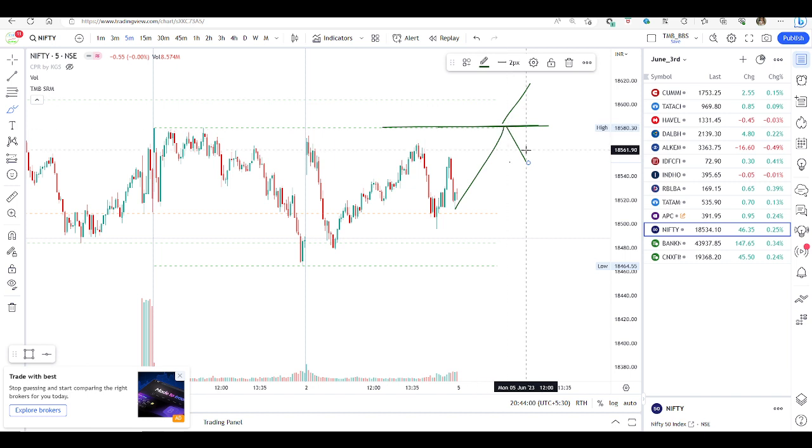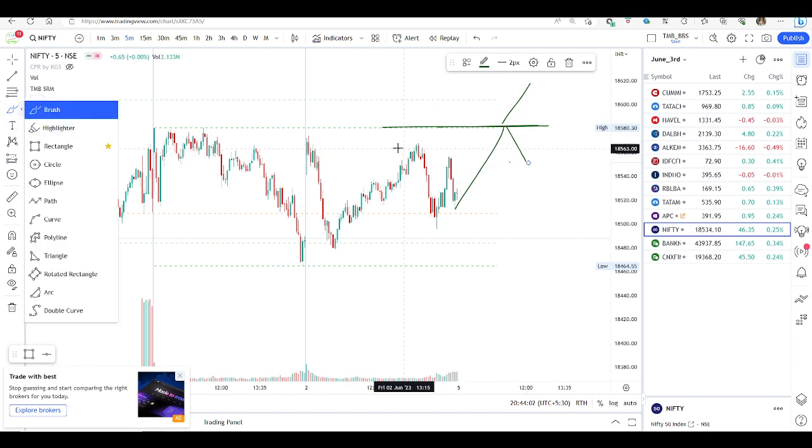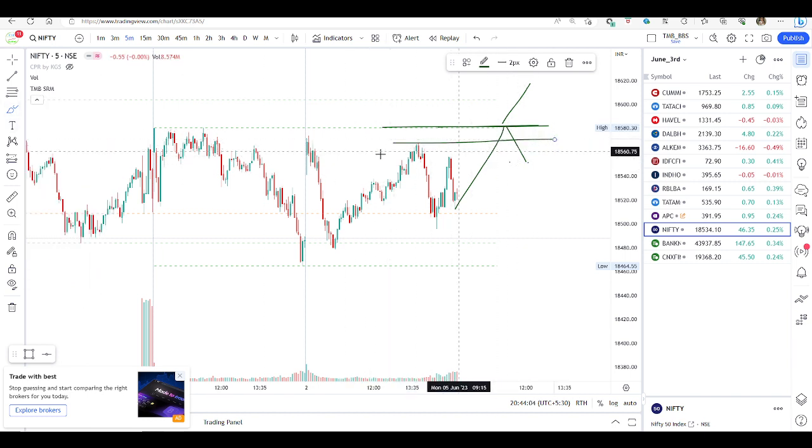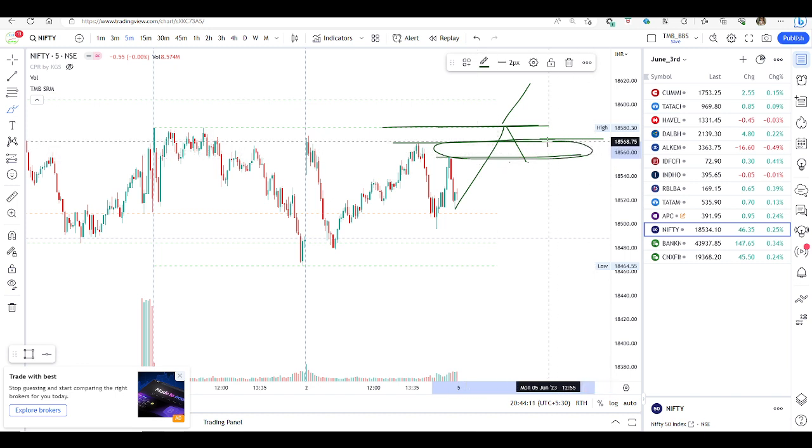If you go for the sell side, there is the previous day's high made here. Next, this is the zone that is going to act as a support.